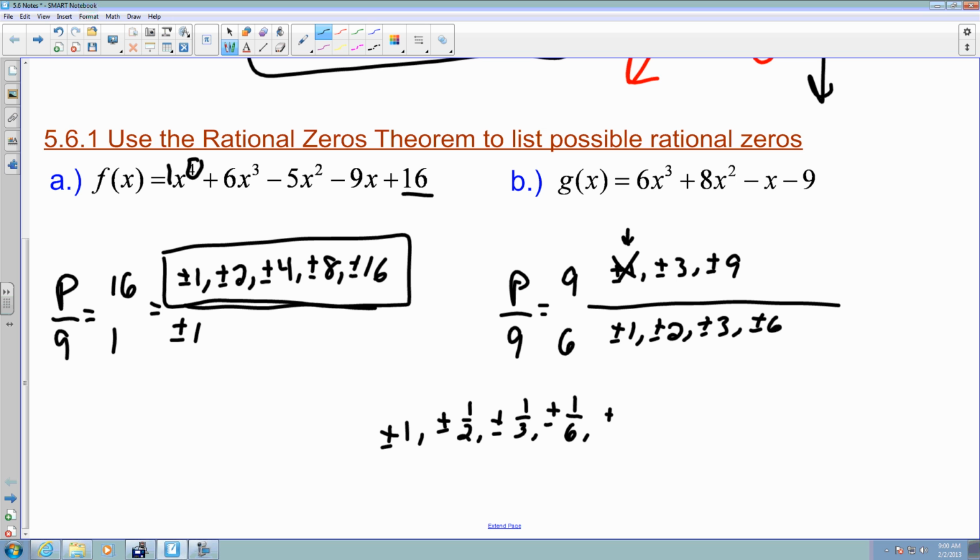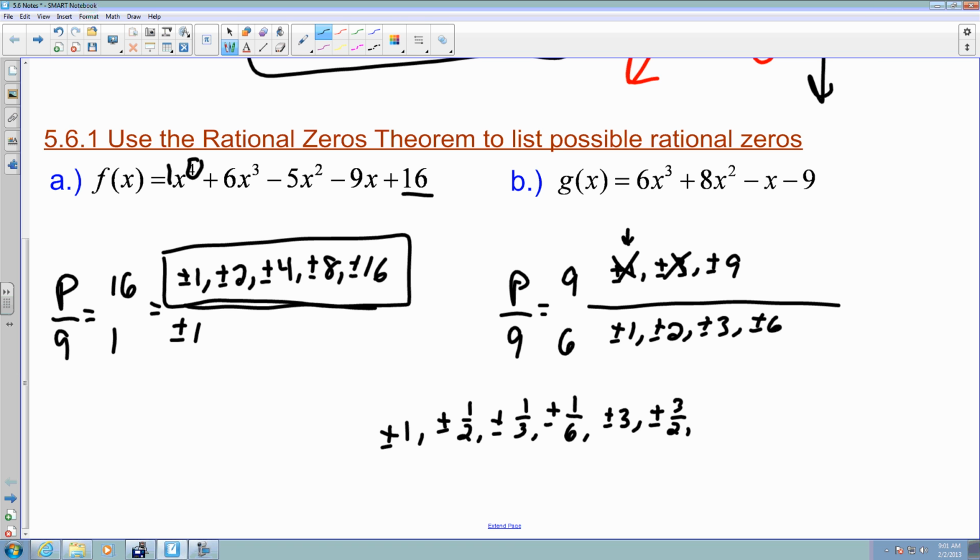I got plus or minus 3, plus or minus 3 over 2, and plus or minus 3 divided by 3 gives me 1, but I already have a 1, so I don't have to repeat it. And 3 over 6 is 1/2. I don't have to repeat that one either. Now I'm done with 3.